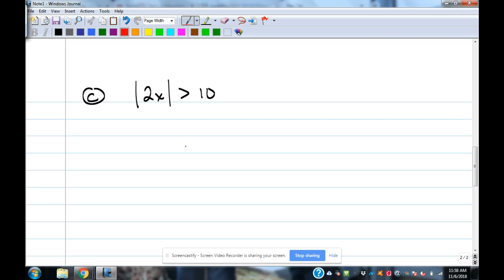So I'm going to set up two separate inequalities because it's or. One of them is just take 2x and put it greater than 10. So it's the same as the original problem, you just take the absolute value marks off of it. What's the other one? Less than negative 10. Flip it, change the sign. Flip it, change the sign.